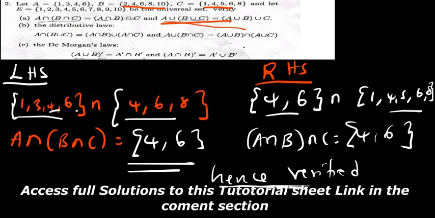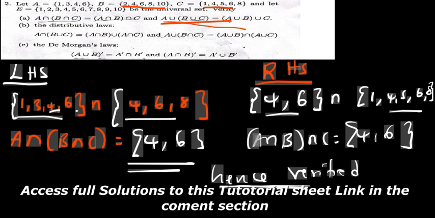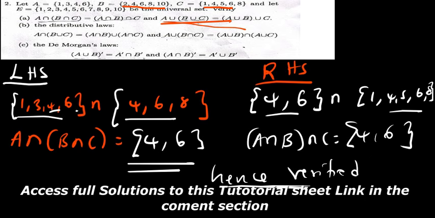When you're talking about union, you are just keeping them together. Or maybe let me just do it for you. So A, now this is union. This is the simplest one. Left hand side.